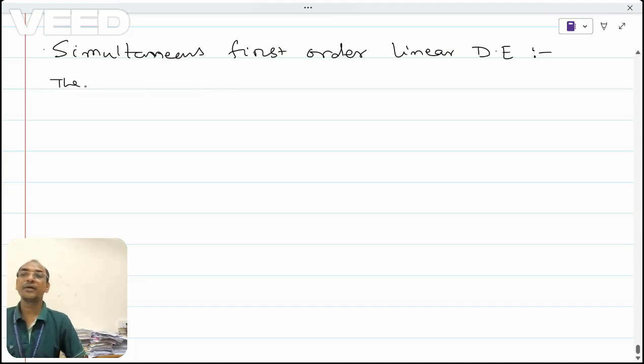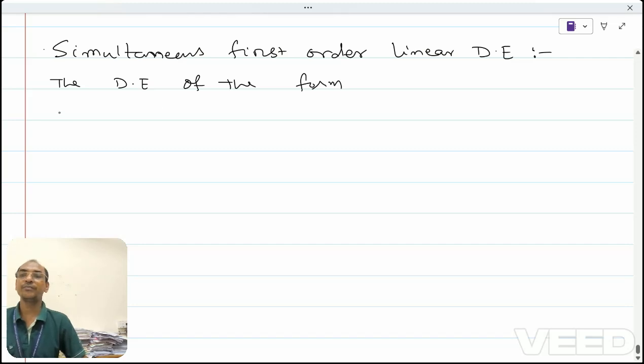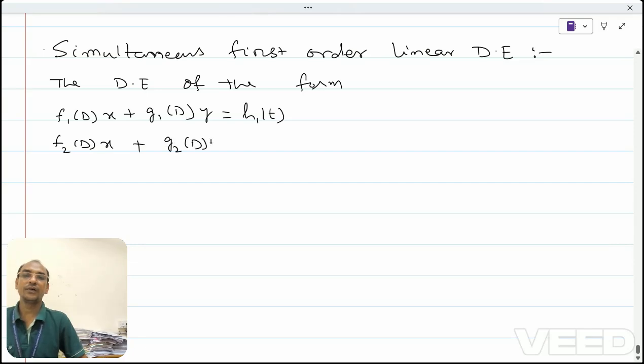The differential equation of the form f1 d x plus g1 d y equal to h1 of t, and f2 d x plus g2 d y equal to h2 of t.